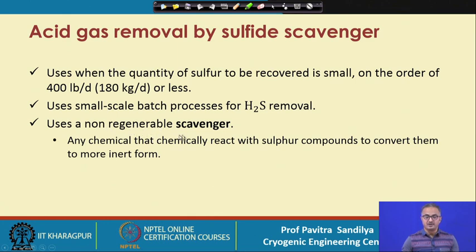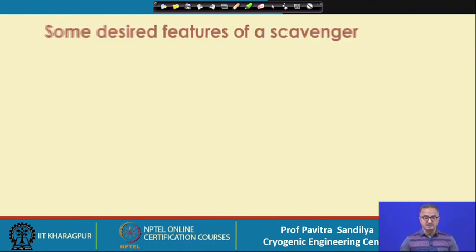That means they can be used only once because they react chemically, and these scavengers are chemicals that chemically react with the sulfur compounds to convert them to a more inert form. Because they are getting chemically reacted, it is not possible to regenerate the scavengers.